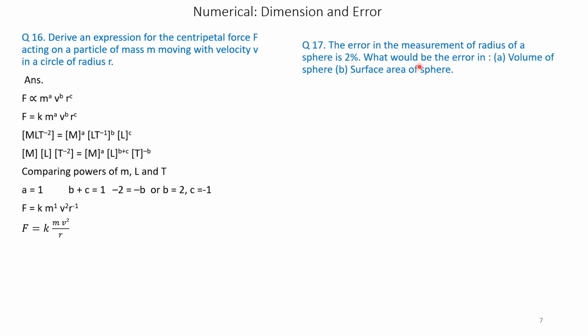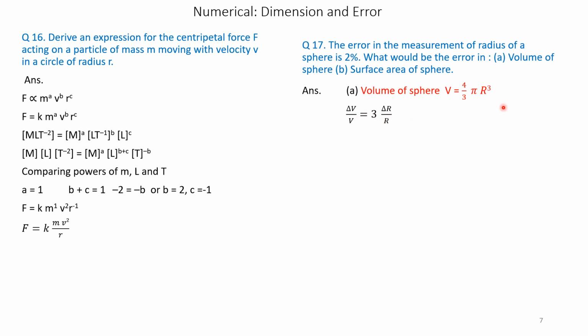Next question. The error in the measurement of the radius of a sphere is 2%. What would be the error in the volume of the sphere and the surface area of the sphere? We should remember that volume V of a sphere is given by V is equal to 4/3 π r^3. Therefore, the error in volume of the sphere is ΔV/V is equal to 3 ΔR/R.